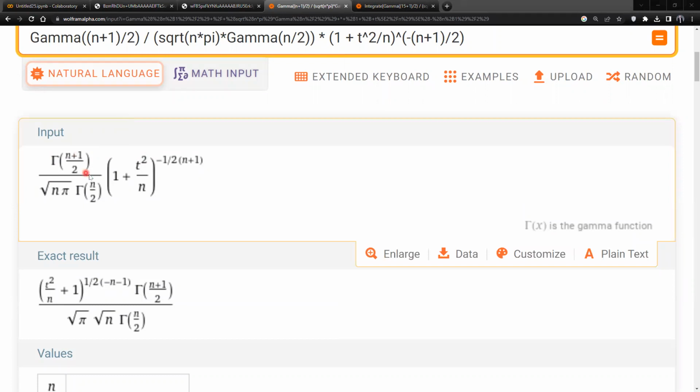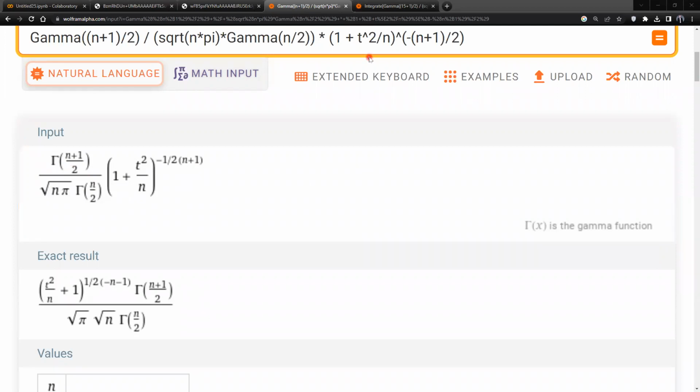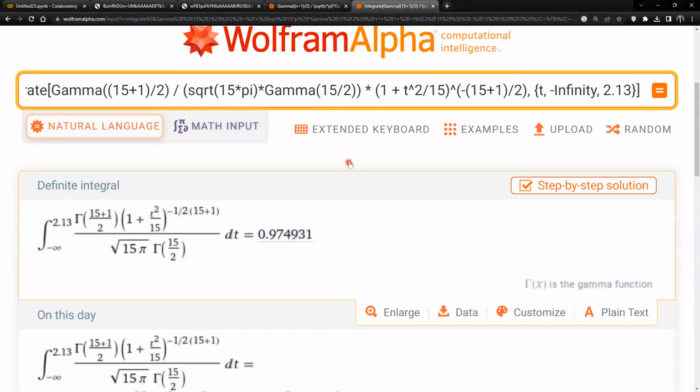To calculate the probability of having our particular t-score, we need to replace the degrees of freedom with 15, and then integrate on the interval from negative infinity to 2.13.